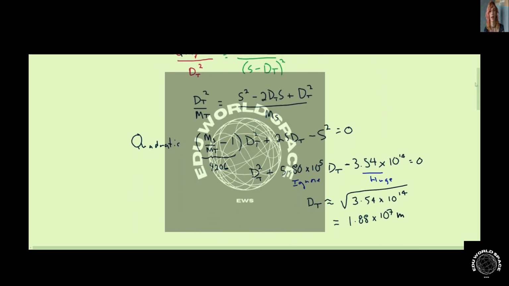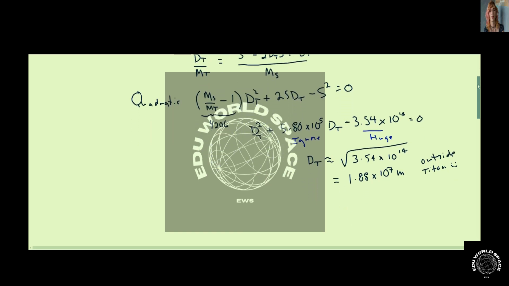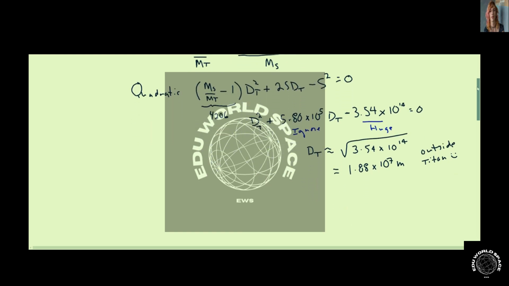And indeed, we're way outside the surface of Titan. So I feel pretty good then that we are going to be okay, that there is such a place. The spacecraft will not have to crash onto Titan's surface, hoping to get away from Saturn.